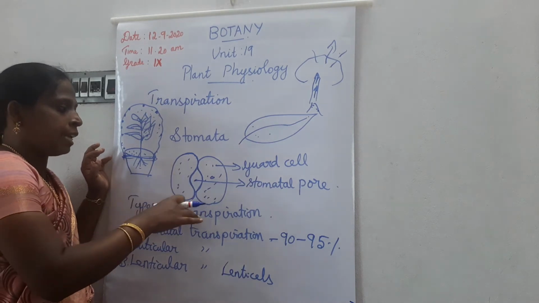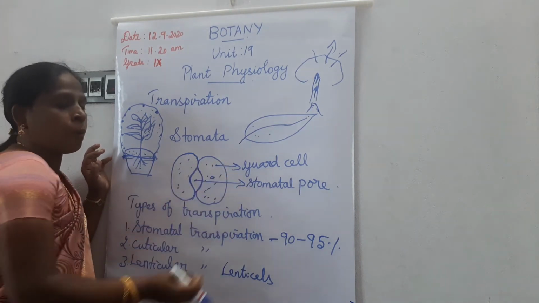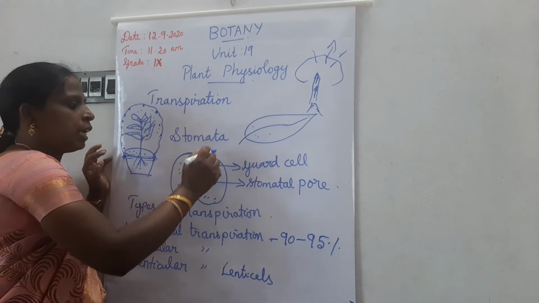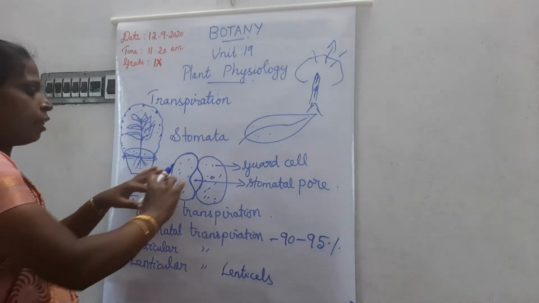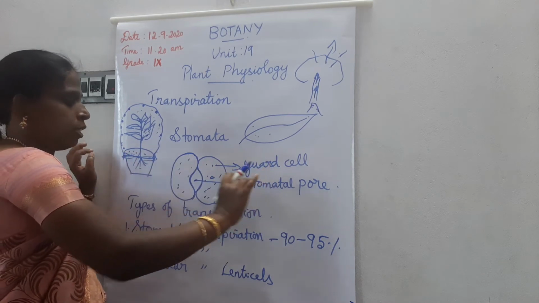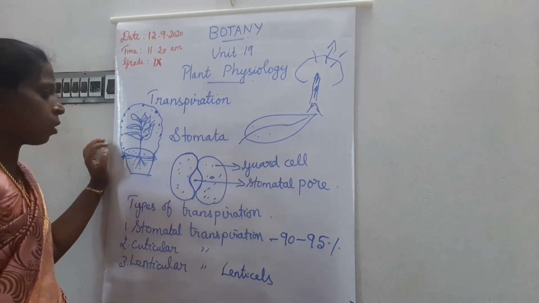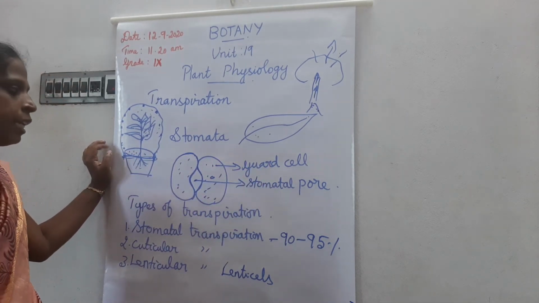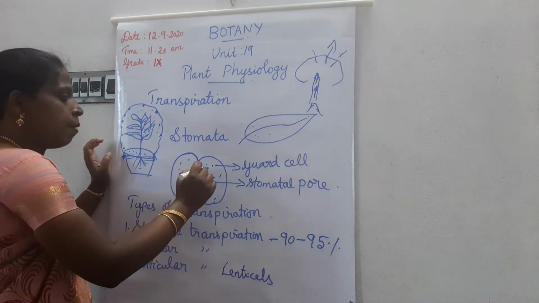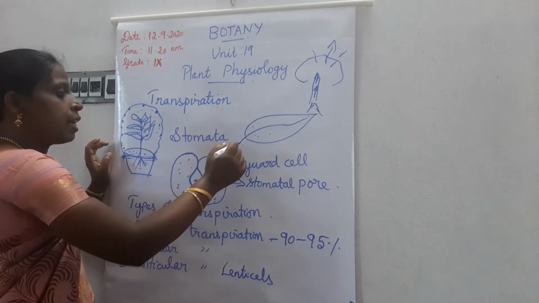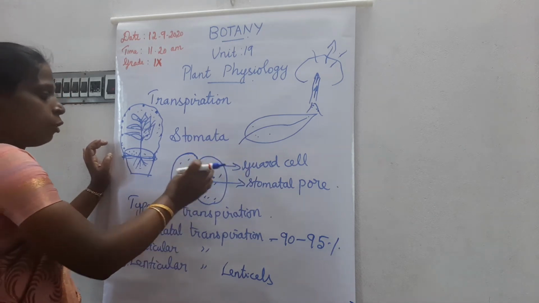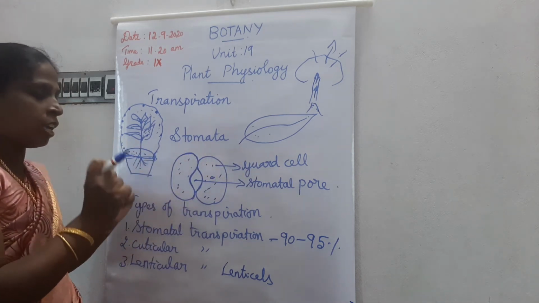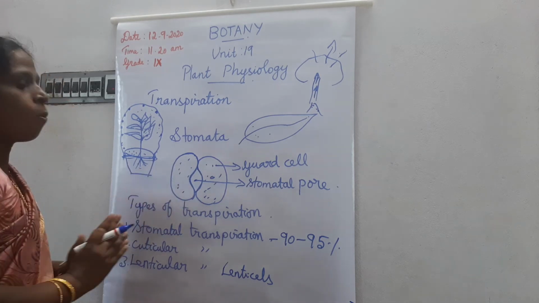During daytime, the stomatal pore is open. Why? When water gets inside, the guard cells become turgid and the walls get stretched outside. At that time the stomatal pores are open. During night time it is closed. At that time the water is released outside, the guard cell shrinks and the pore gets closed.